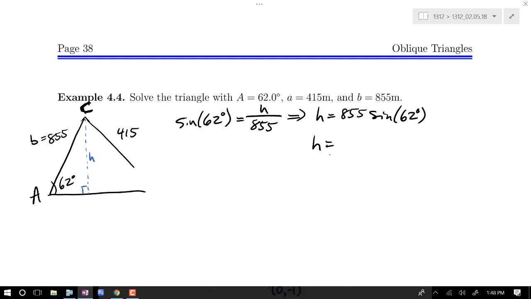So 754.92. This would be in meters. What now?